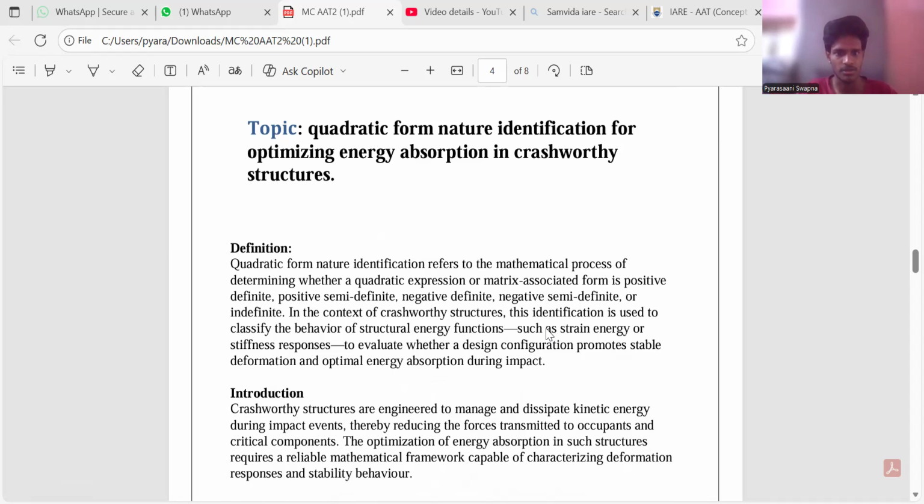In the context of crashworthy structures, this identification is used to classify the behavior of structural energy functions such as strain energy or stiffness response to evaluate whether a design configuration promotes stable deformation and optimal energy absorption during impact.